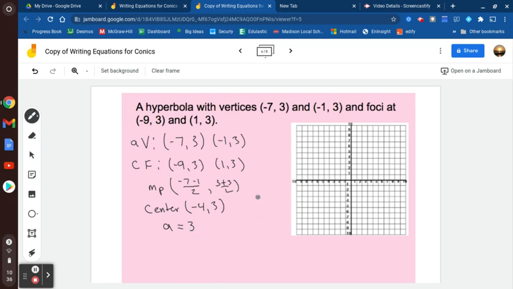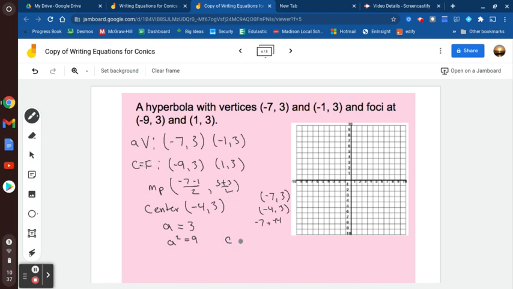Again, if that's hard for you to visualize, you could do -7, 3, and -4, 3, and just say, okay, I need to do -7 minus -4. That gets you 3 or -3, and then you square it. So it's 9. Now, those covertices, that's just my c.